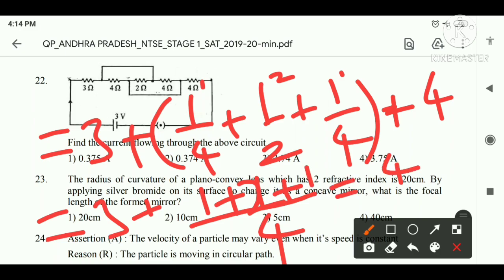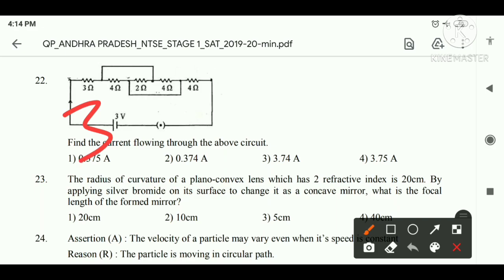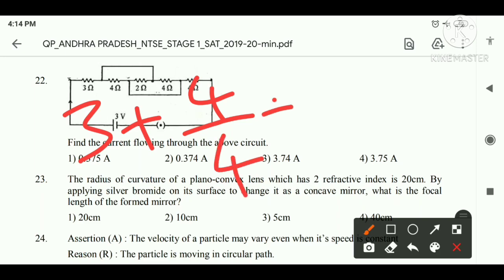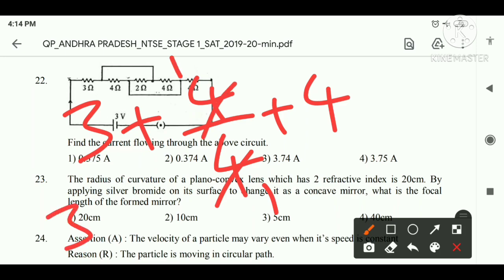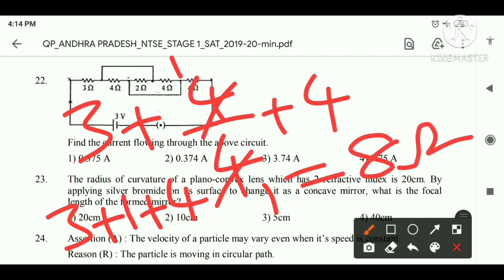So now it becomes 4. Next, 3 plus adding these, the sum is 4 divided by 4, the LCM, plus 4. Now it becomes 3 plus 1 plus 4, so the total is 8 ohm.